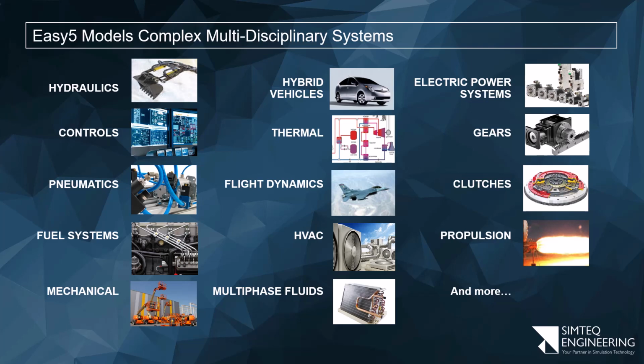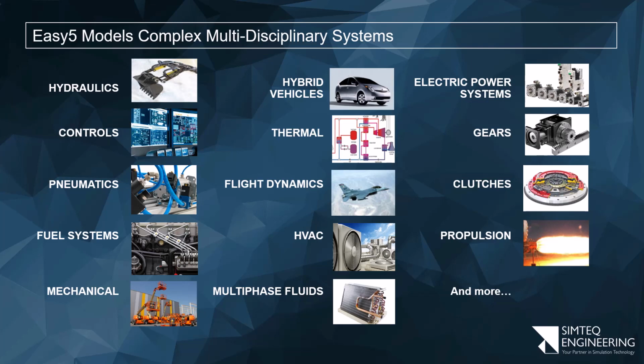Easy5 has a whole host of engineering libraries that allow you to model hydraulic systems, control systems, pneumatic systems, things like fuel systems, mechanical components, flight dynamics, thermal systems, gearboxes, clutches, and electrical systems. It can even handle complex multi-phase fluid modeling. These libraries contain many, many years of extensive research and experience in these various disciplines.